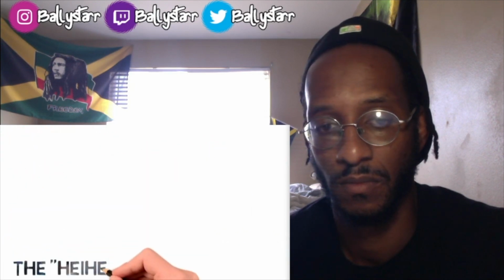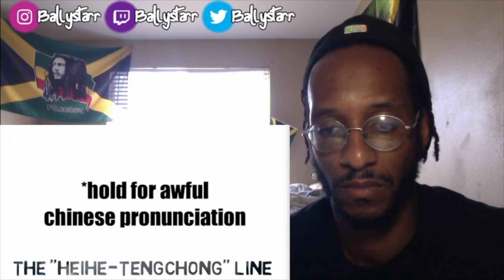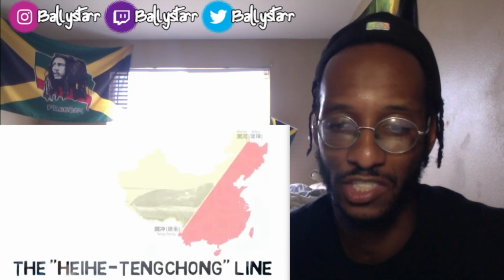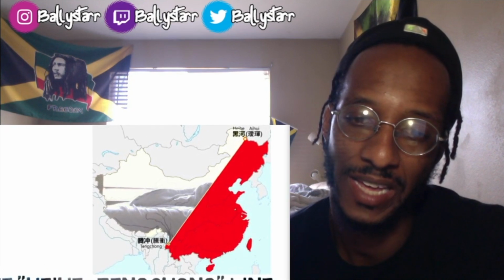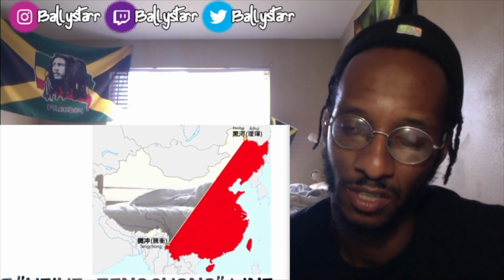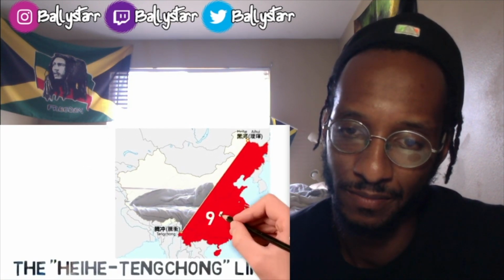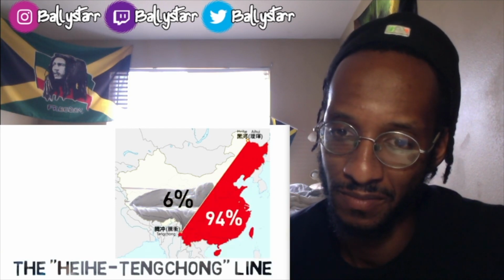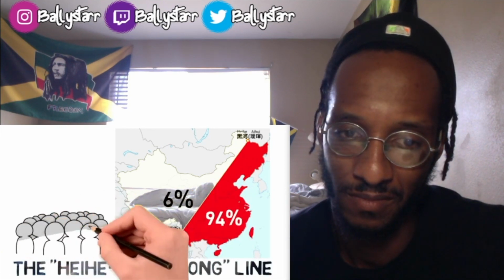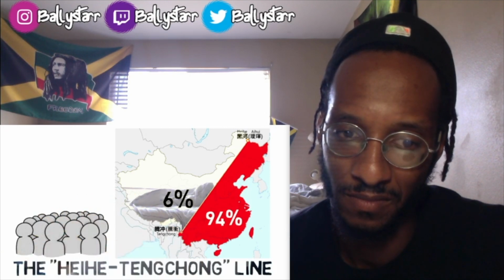Next, China. This is a map of the Heihe-Tengchong line, which shows us the concentration of the Chinese population on the eastern coastal part of their territory. On the right side of this line, 94% of the Chinese people live and work. The western side has 57% of the area, but only 6% of the population.